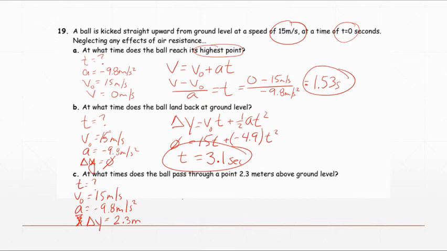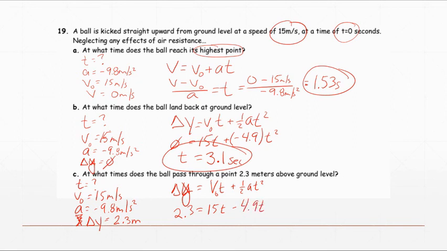So we use the same equation, change in y equals v initial t plus 1/2 a t squared. So we have 2.3 equals 15t minus 4.9t squared.